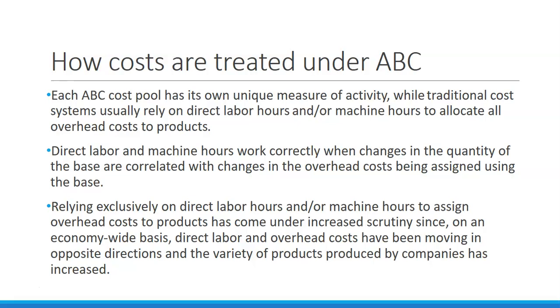And quantity, or number of products made, or quantity of labor hours, aren't always the best ways to look at how costs are used by companies. So under activity-based costing, it's based on actual resource usage of the cost instead of a quantity usage.